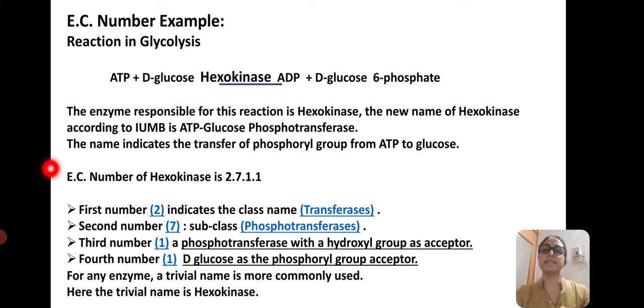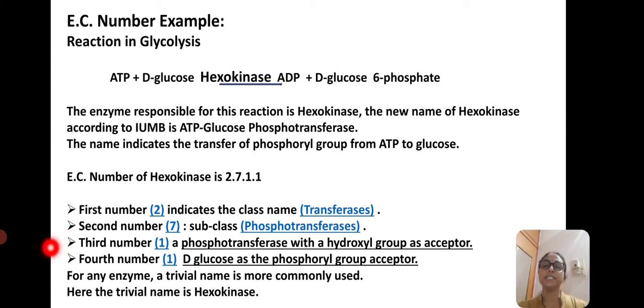And this indicates the EC number, the 4-digit EC code will be 2.7.1.1. Here the first digit 2 indicates it belongs to the major class transferases. The second digit indicates which particular group it is going to transfer, it is phosphotransferase. And the third number indicates phosphotransferase with a hydroxyl group as the acceptor, which group is going to accept the phosphate group in the glucose molecule, in which the acceptor will be the hydroxyl group, OH group.